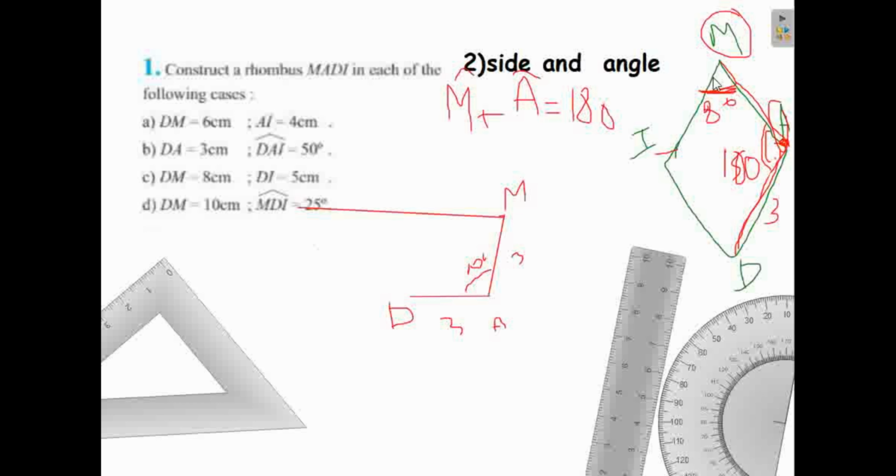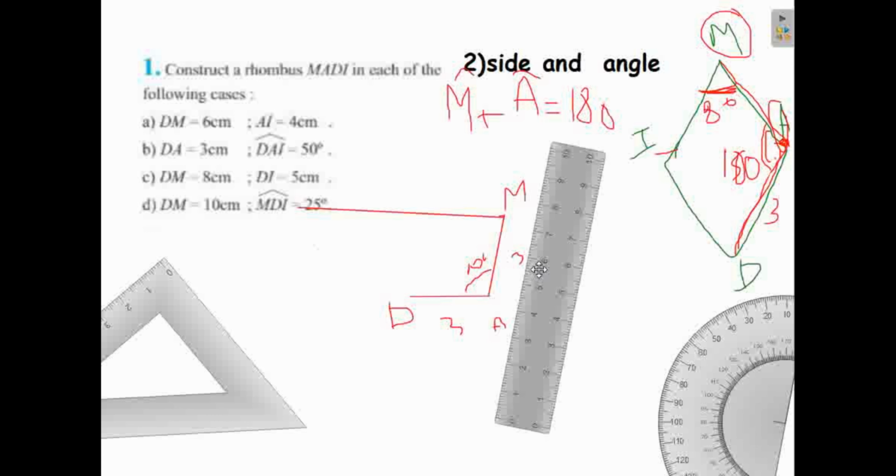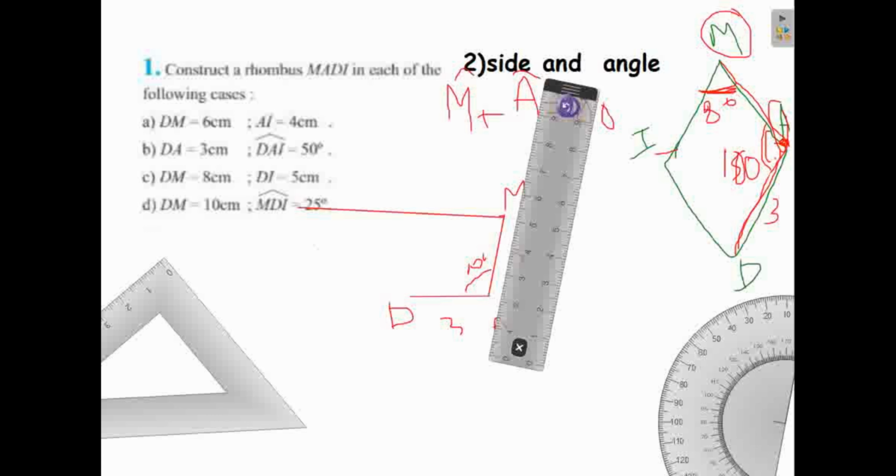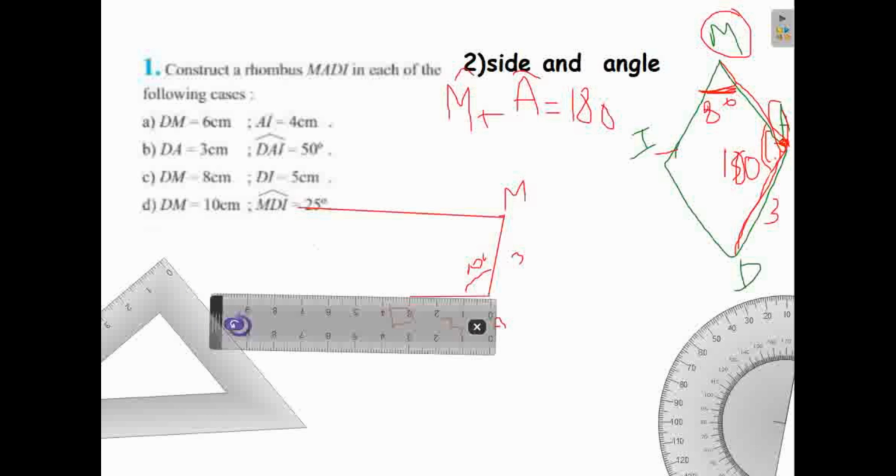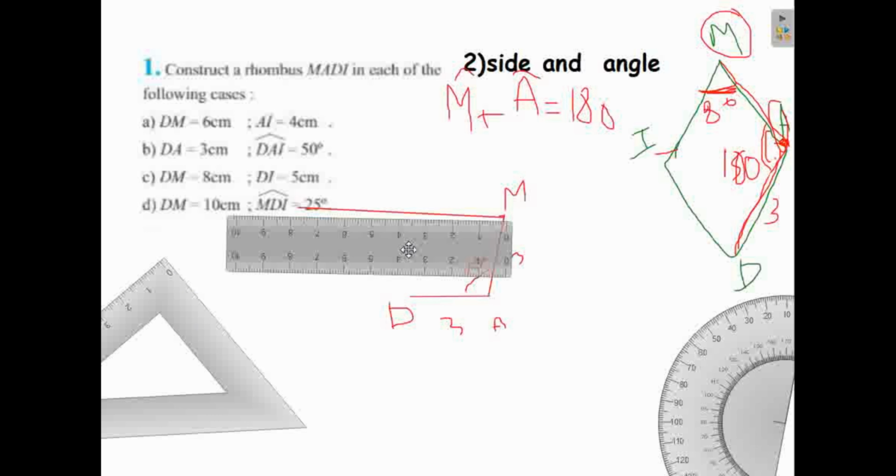Now I have MI, but I need to know where is I on this line. So the distance MI is 3 centimeter. Again, I'm using my ruler to measure 3 centimeter.